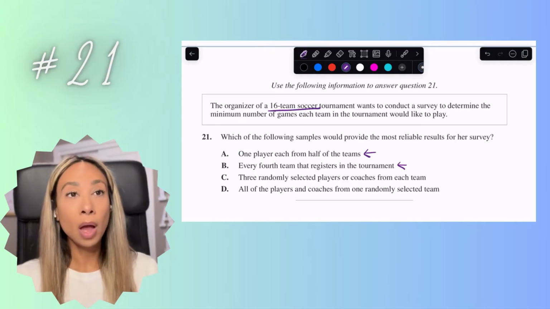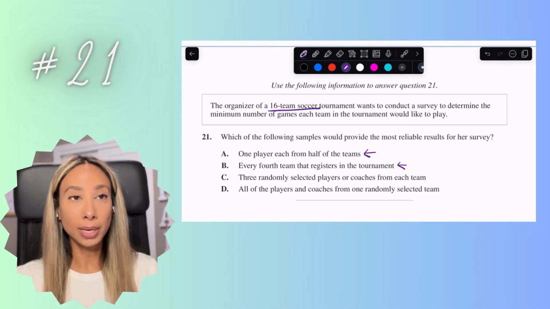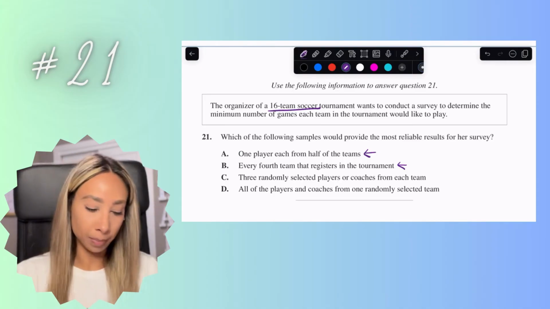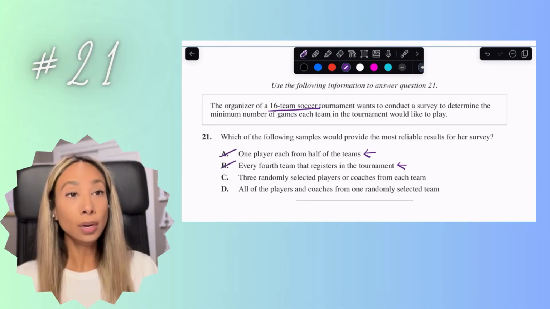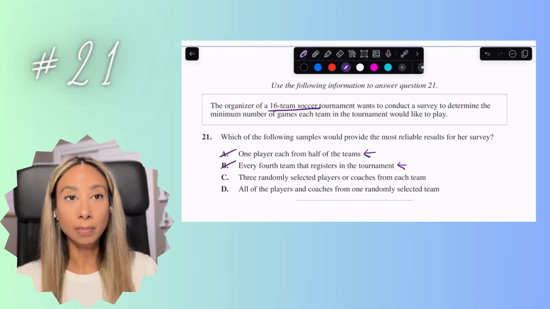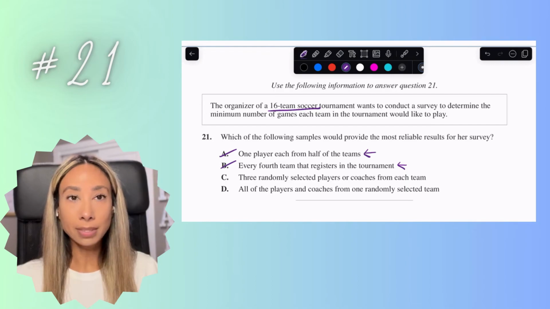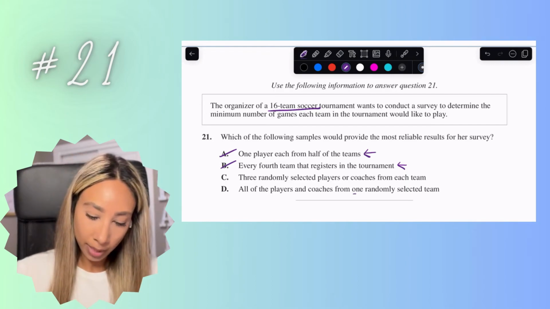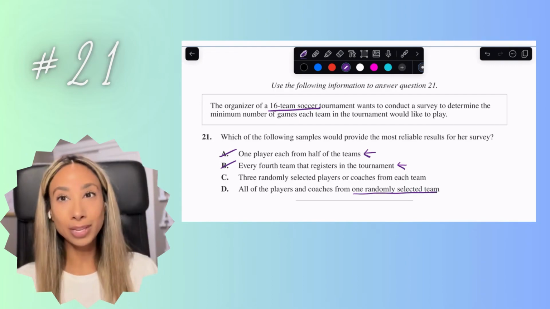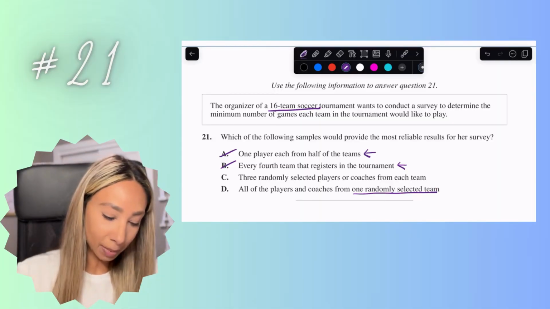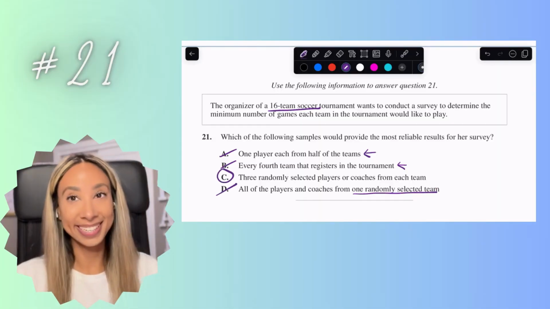There's no way that we could get a little bit of bias if it's random. So I am liking that answer. For D, all the players and all the coaches from one randomly selected team. So we could do that, but if it's from one team, it doesn't represent all the other teams. So in this case, our best answer here is going to be C.